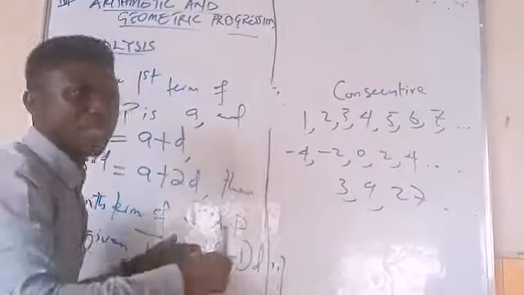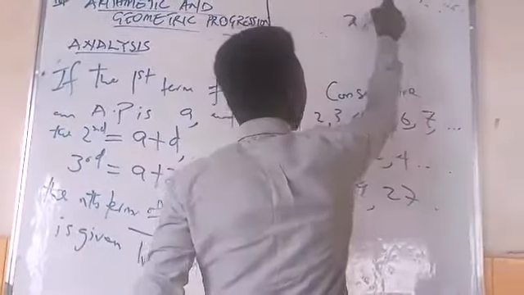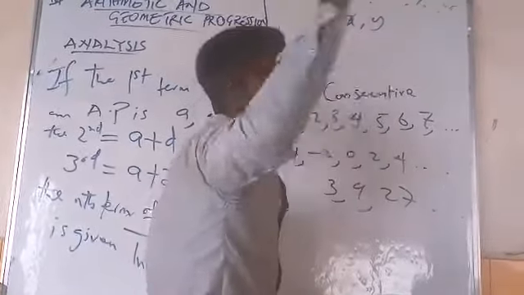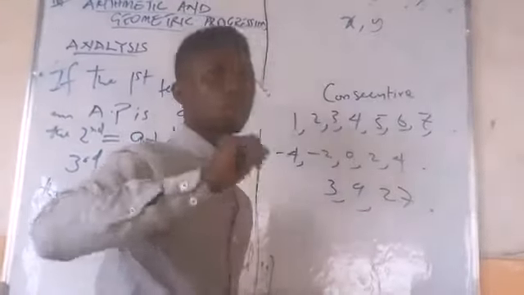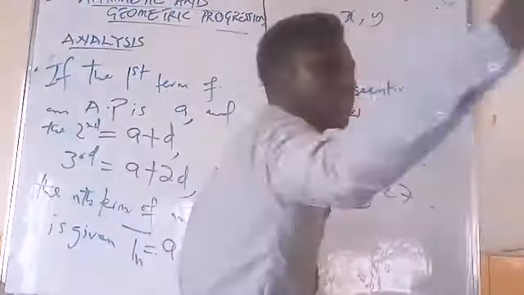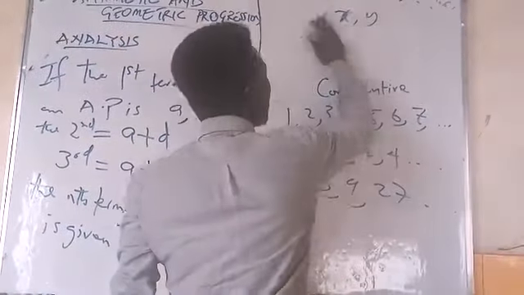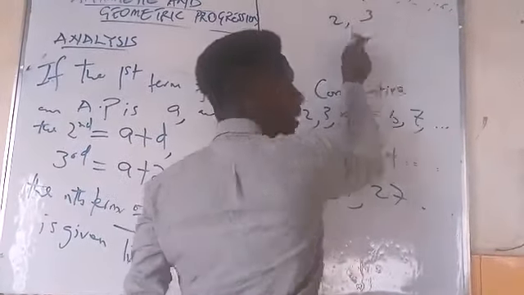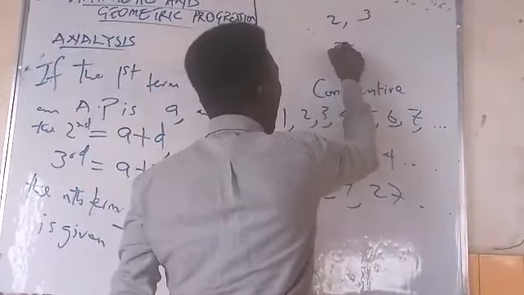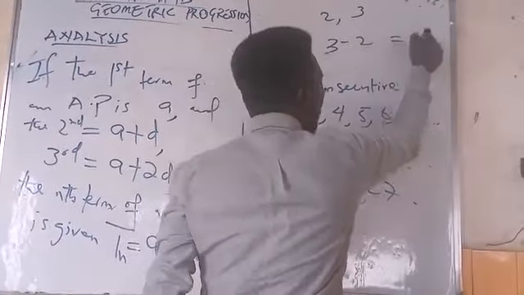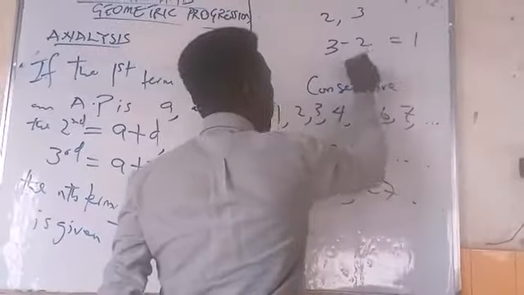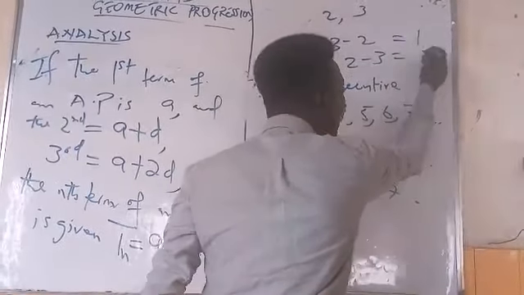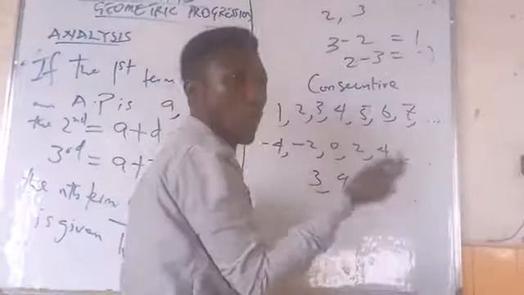Okay, what is the meaning of difference in mathematics? If we say X and Y, when we say difference, we have two types of difference, positive and negative difference. Positive difference in the sense that if I have 2 and 3, the positive difference is 3 minus 2, which is what? Plus 1. While the negative difference is 2 minus 3, which is what? Minus 1. I believe you understood what we mean by difference now.